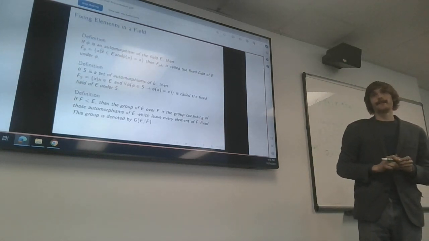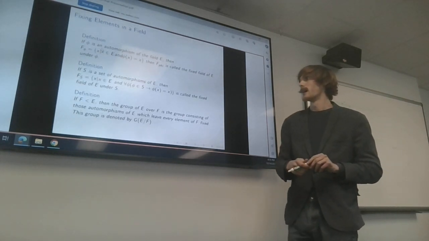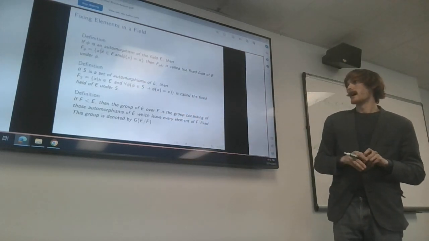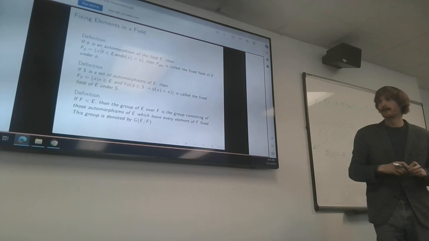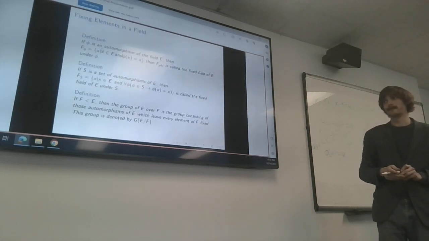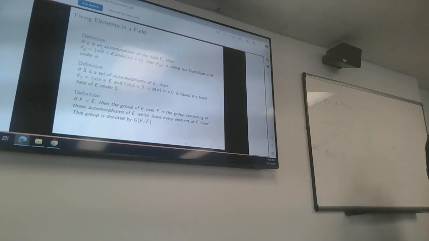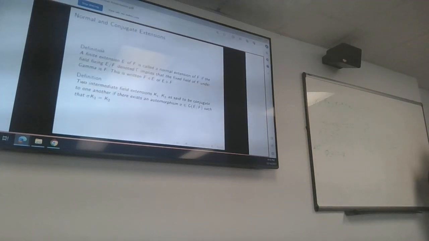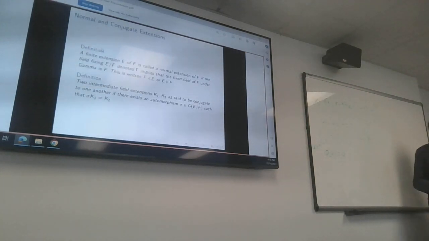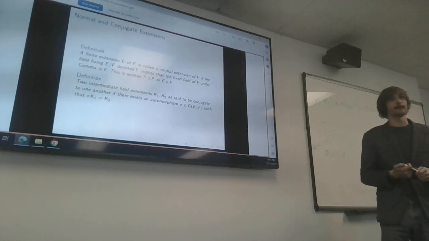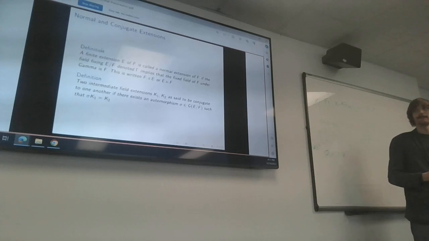And if we have an extension of F, which is extended by E, the group of E over F consists of the automorphisms of E which leave every element of F fixed, and that group is denoted by E over F. Then we also have normal and conjugate extensions. If you did any group theory, these terms will be familiar to you.